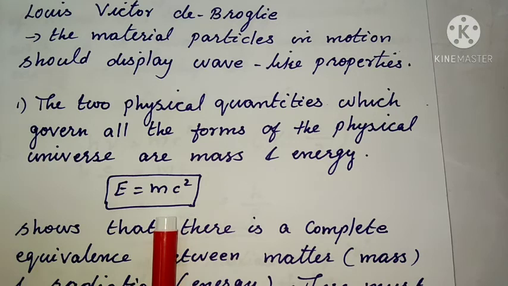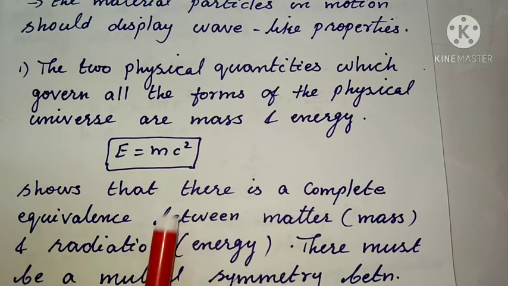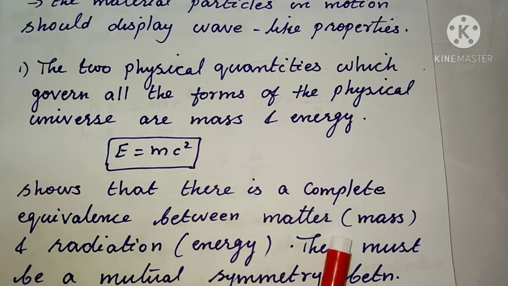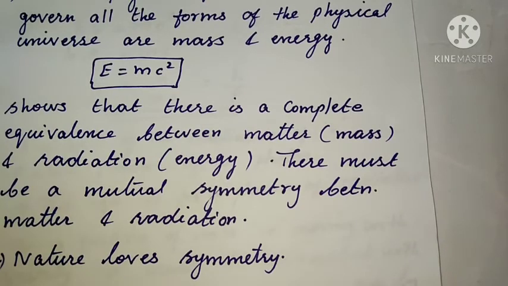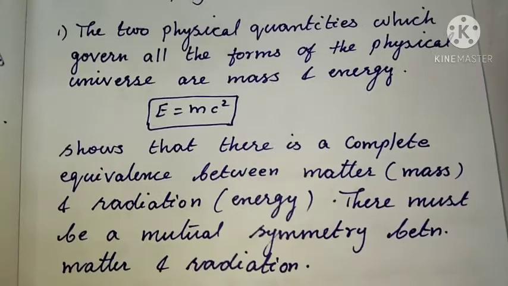This shows that there is a complete equivalence between matter and energy. Matter means mass and radiation means energy. So there must be a mutual symmetry between matter and radiation. That is, all physical quantities consist of mass and energy, that is, matter and radiation.